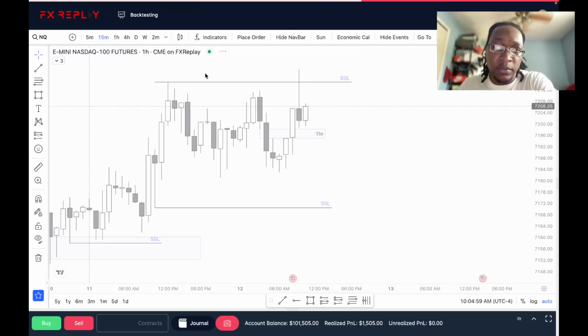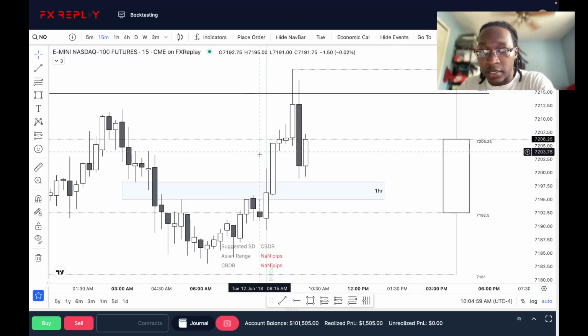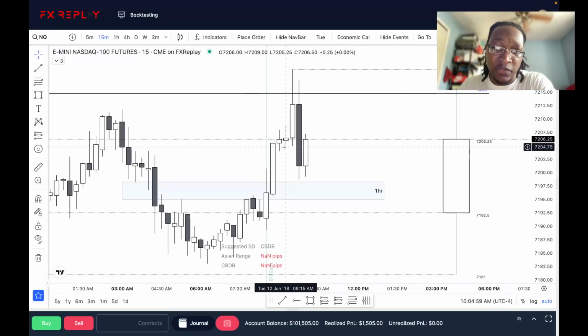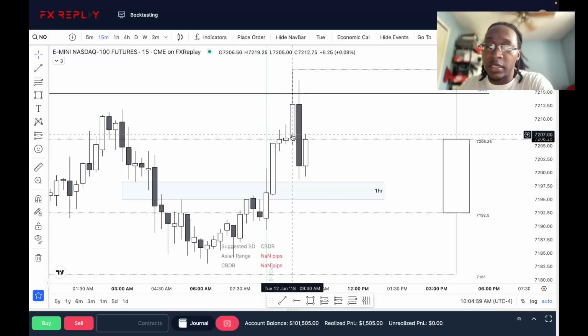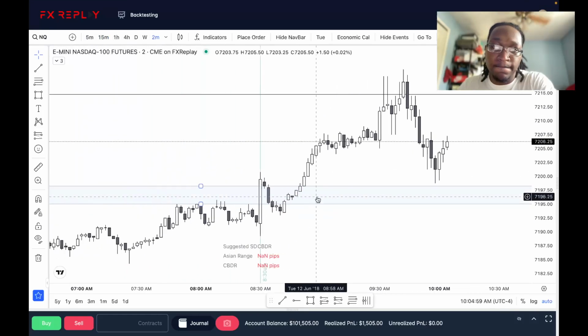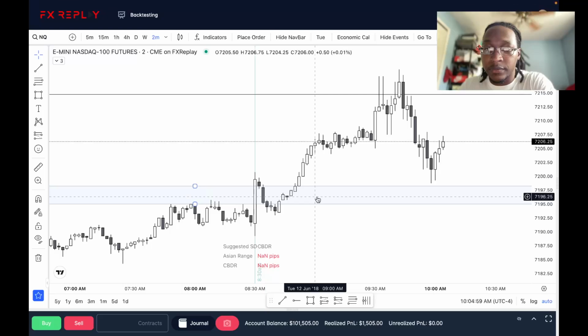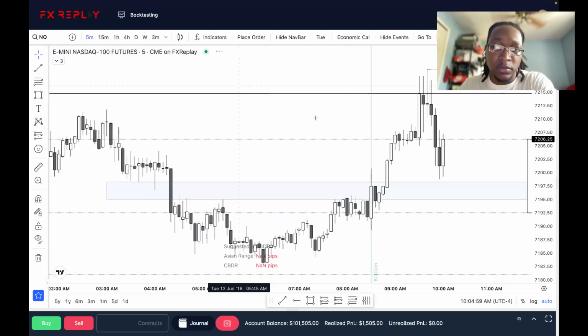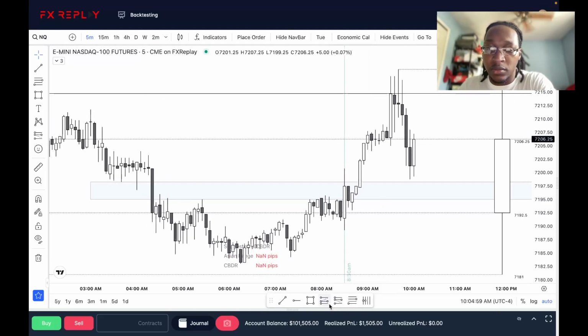On a 15 minute, we run out that buy side, trade down into this inefficiency, but we create a change in state of delivery. We create this order block here where price can look to trade lower. So, oh man, I'm gonna take the sell just to test it out and see what happens.